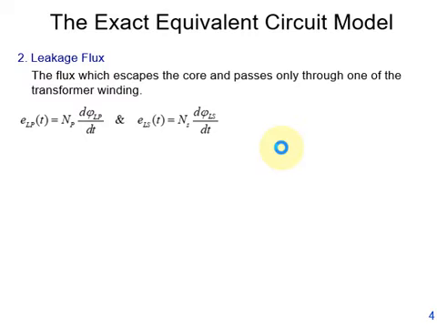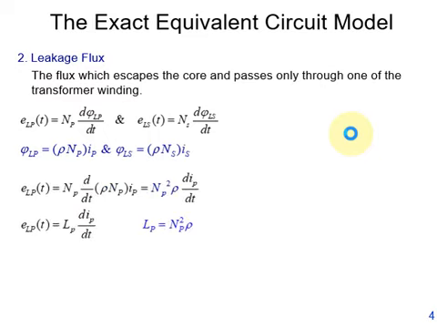Similarly, the second part shows the voltage which deals with the leakage flux on the secondary side. So in this case, we know the value of leakage flux on the primary side and leakage flux on the secondary side. The values are written in blue color, and after substituting these values in the above equation we get this third equation.